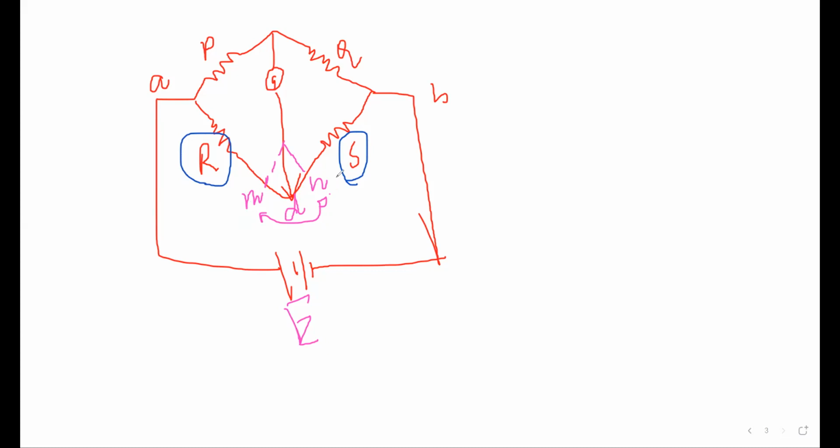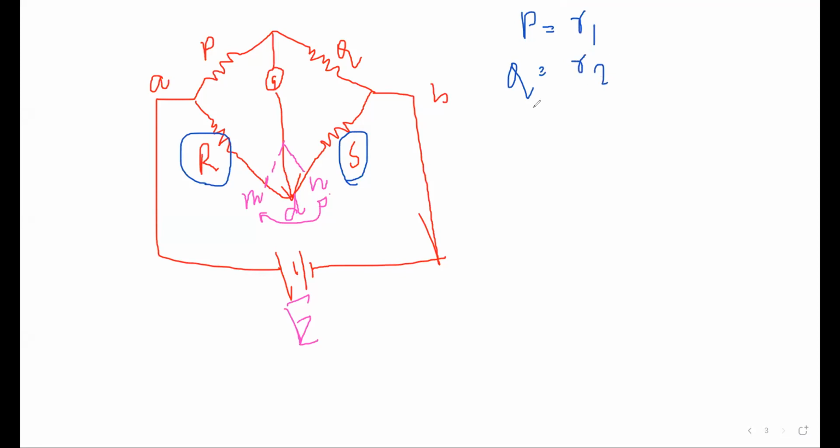Okay. So here, this is now the value of resistance that we can calculate. Suppose P and Q, whatever I have written, I have not mentioned the value of P and Q. Suppose P has the value of small r1, and Q has the value of small r2.